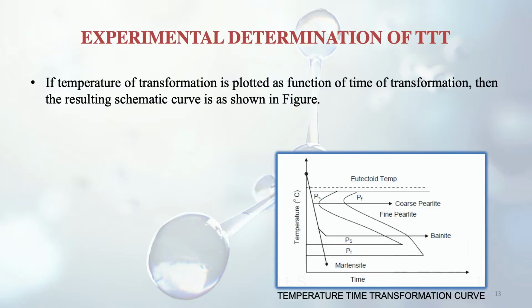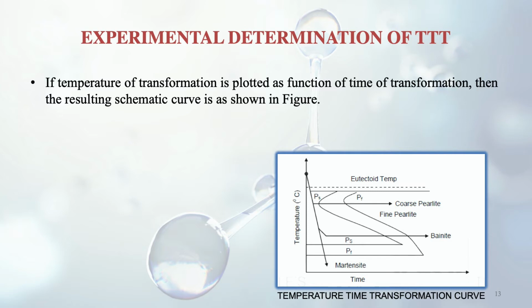Here we see the diagram. If temperature of the transformation is plotted as a function of time of transformation, then the resulting schematic curve is known as the time temperature transformation diagram, and you can see it in this figure. Temperature is on the y-axis and time is on the x-axis.